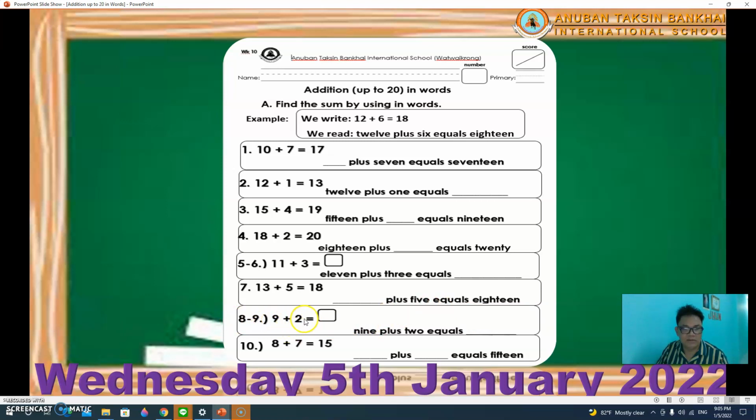Number 8 and 9, 9 plus 2 equals how many? 11, very good. You're going to write the word eleven on the underline, E-L-E-V-E-N. And the last one, number 10, 8 plus 7 equals 15.